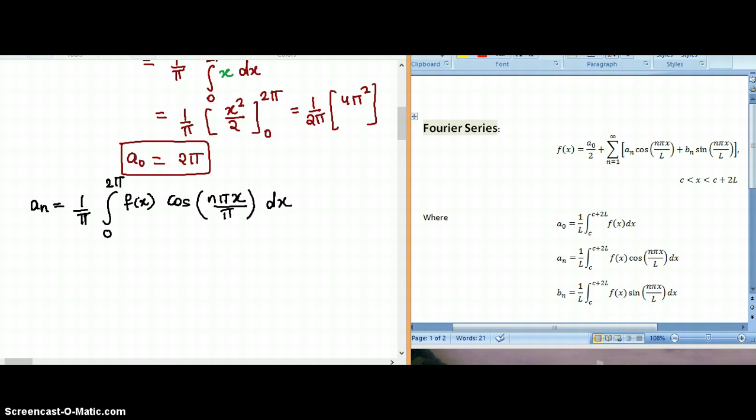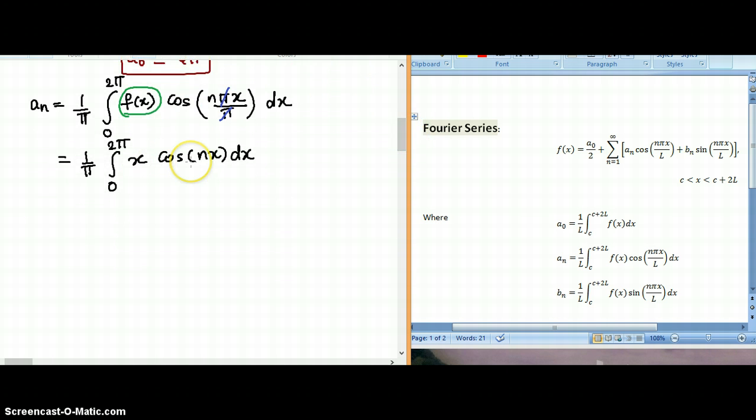Further we simplify it: this π and π get cancelled, and we substitute the value of f(x) by x. So we get 1 over π integral 0 to 2π of x cos(nx) dx. Now here we have a product of two functions which we need to integrate, so we can integrate it by parts. One of the functions is an algebraic function, that is x.